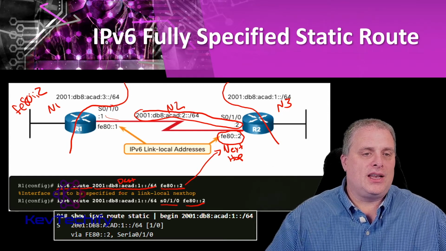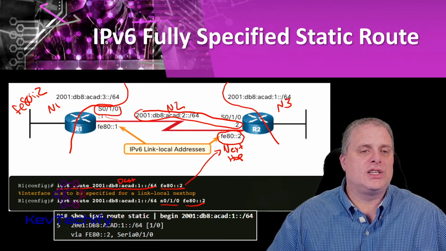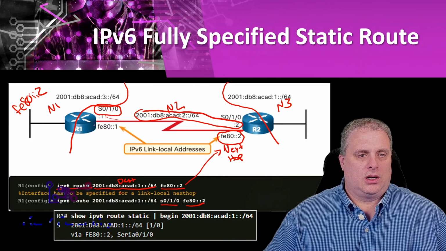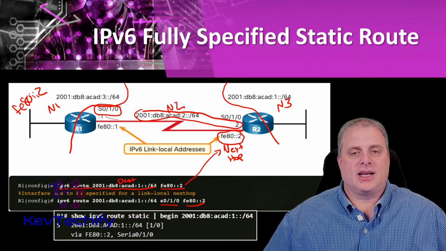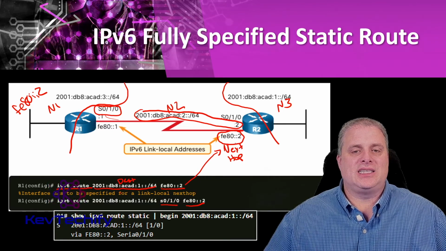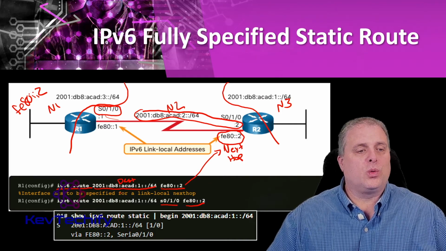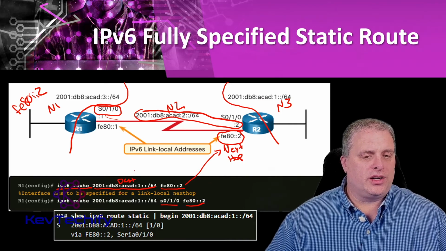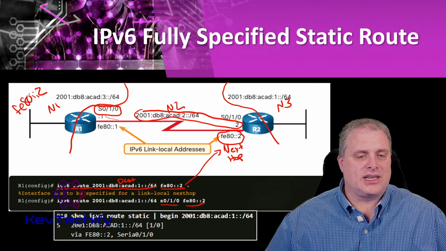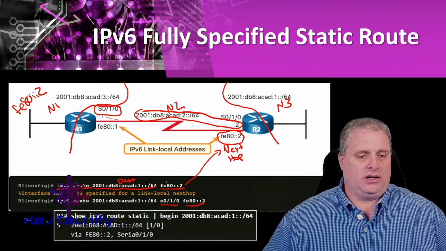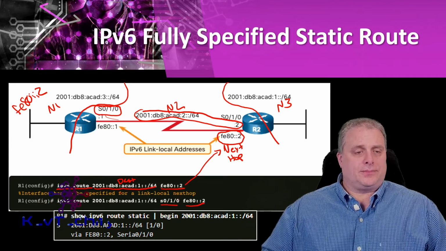We specify it needs to go out serial 0/1/0, and the next hop IP address is FE80::2. This will work. Notice how when we entered it the first time without the exit interface, it gives us an error and it actually doesn't set it.